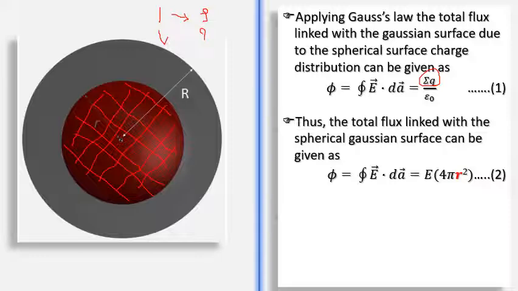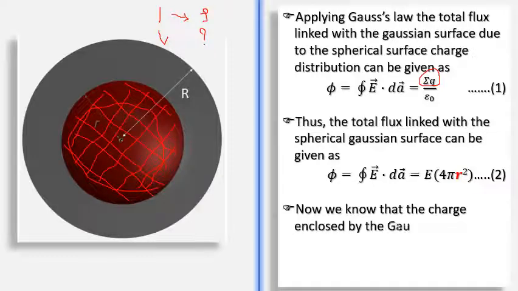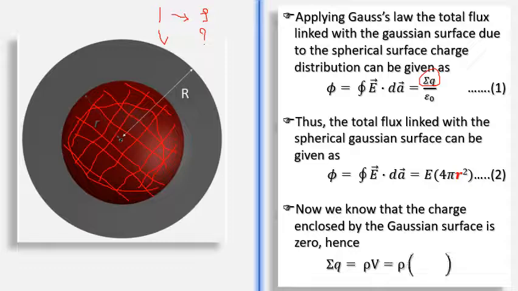So how much is sigma q? Rho into v, but which volume? We will consider enclosed charges, so the volume of the Gaussian surface we have to consider. So charges enclosed by the Gaussian surface can be given as density into volume, and again notice here, if you consider capital R, what will happen?